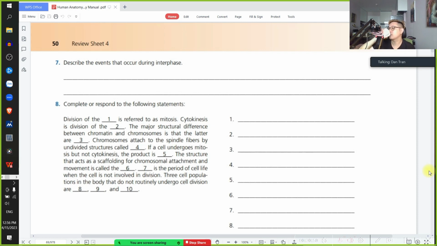Nhân đôi. So DNA starts to replicate, yes, okay. And then it checks for all the mistakes and everything and gets ready for mitosis, right?